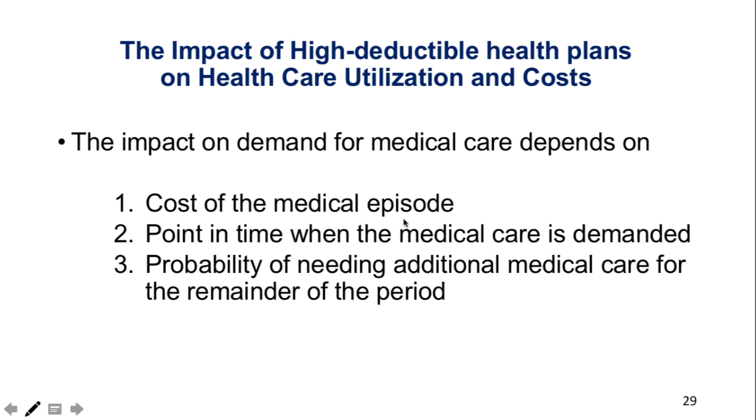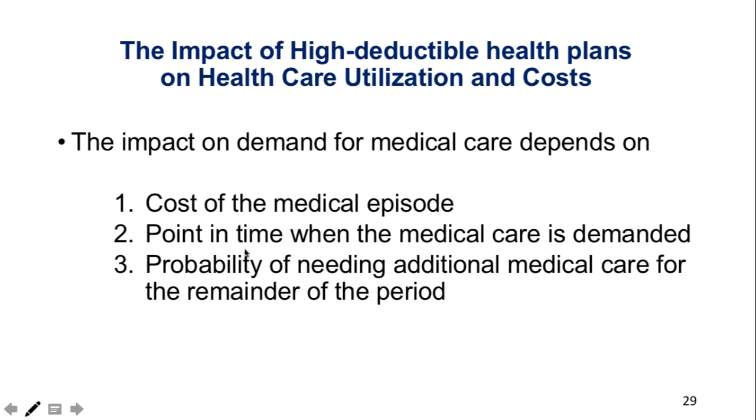If your cost is, say, $10,000 of medical care and your deductible is $2,000, you are definitely not going to hesitate to use your medical insurance, because the difference, $8,000, is a hugely significant amount. The cost of the medical episode basically determines whether you use your medical insurance, pay the deductible, and use it after that or not.